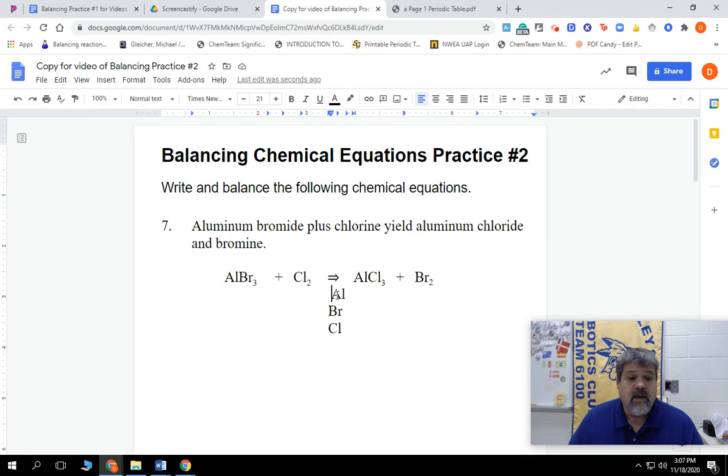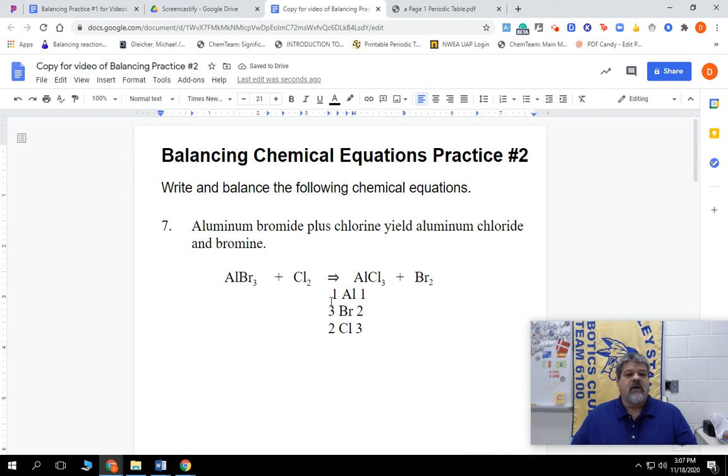I have 1 aluminum on this side, and 1 aluminum on this side. Bromine, I have 3 bromines on this side, and I have 2 bromines on the other side. Chlorine, I have 2 chlorines on this side, and 3 chlorines on that side.